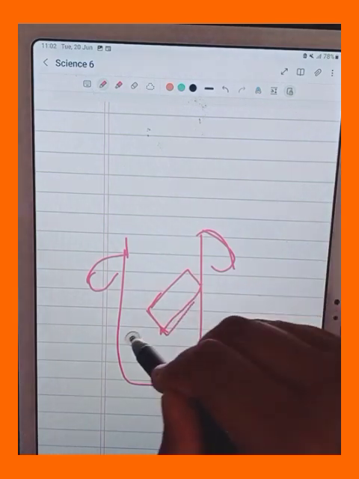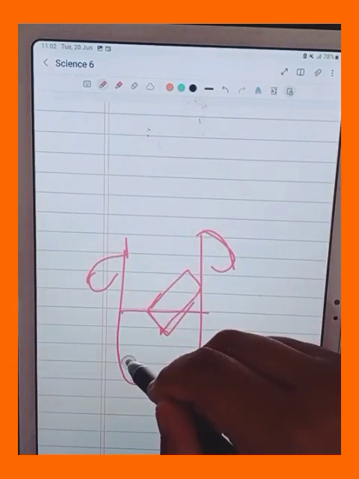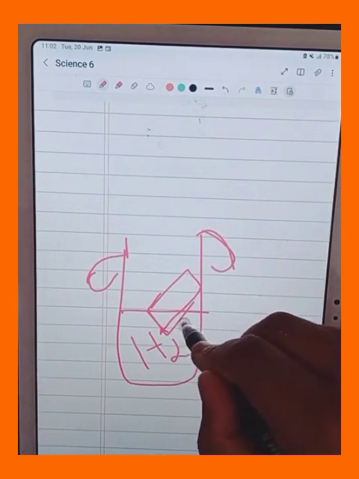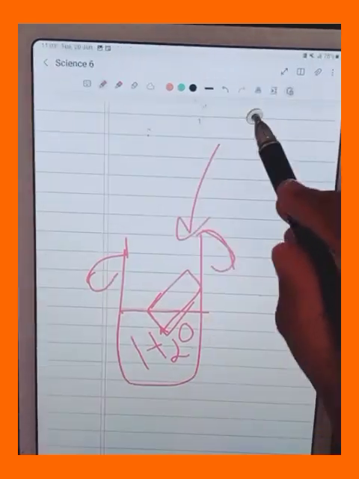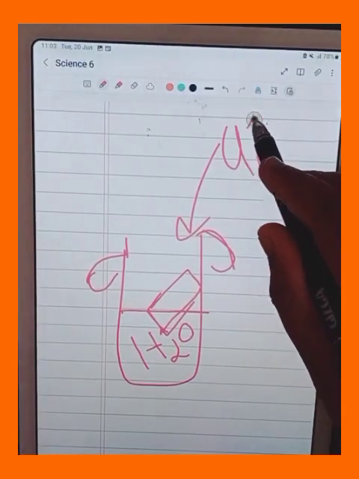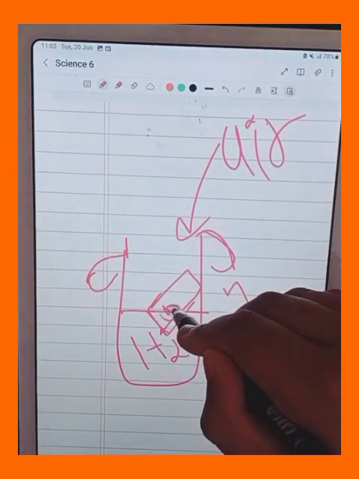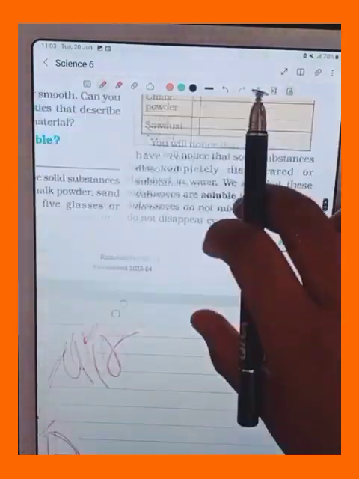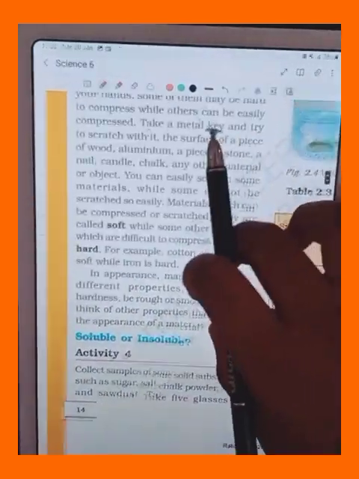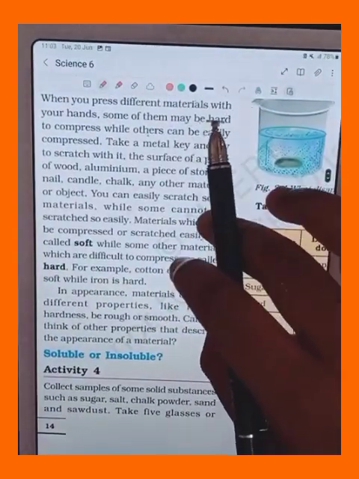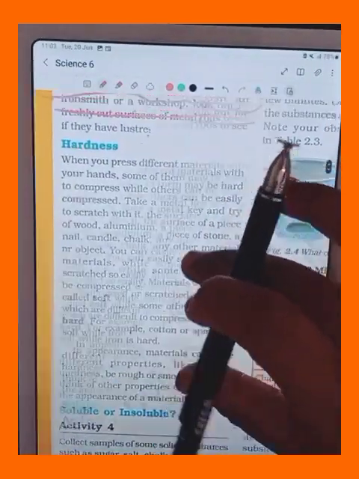Put a piece of iron half in water, H2O plus air. Air is automatic. After 1 or 2 days, you can see brownish rust all over. So it's an indicator of rust.